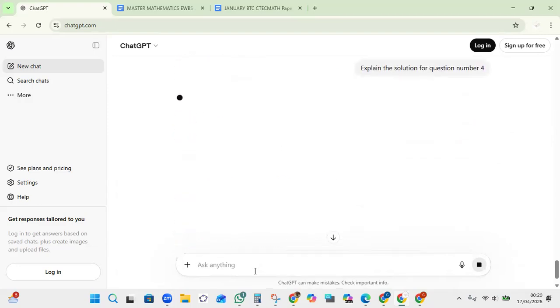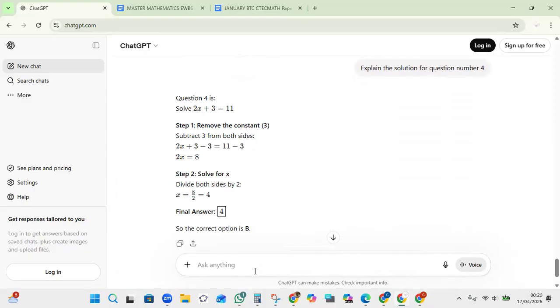And here it will tell you, well, to solve, you have to subtract 3 from both sides, because 3 is adding, so you subtract 3 from both sides, and then you divide by 2, and the correct option is B.